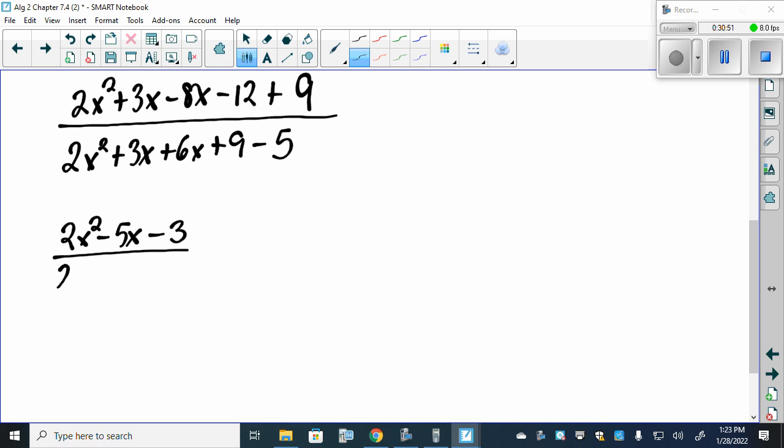Now the denominator will still have 2x squared. 3x plus 6x is going to be plus 9x plus 4. So we get this here. Now most likely we'll need to factor the numerator and denominator before we finish this up.